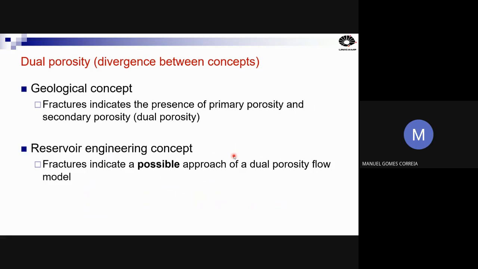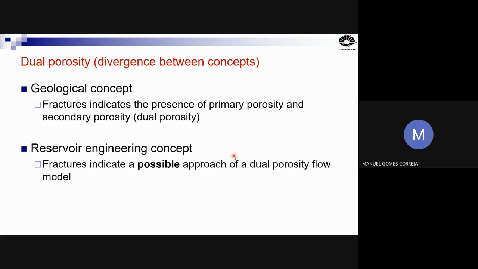One thing that is important is that when we talk about the dual porosity concept, we have a kind of divergence, because in the geological concept, fractures indicate the presence of primary porosity and secondary porosity. Normally geologists, when they say, "This reservoir is dual porosity," say that because we have fractures, or caves, or vugs.